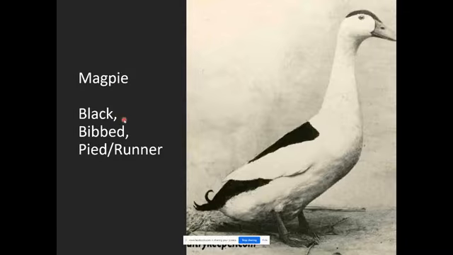What we have here is basically a black duck that is bibbed and has the pied or runner gene. So this is the sort of recipe, if you like, for going about that. The actual pattern itself, and the cleanliness of it, breaks down quite quickly if it's not kept under selection, but that's the basic recipe to go about making it.